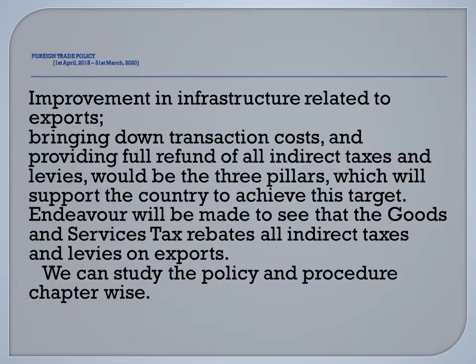Improvement in the infrastructure related to exports, bringing down transaction costs and providing full refund of all indirect taxes and levies would be the three pillars which will support the country to achieve this target. Endeavor will be made to see that goods and services tax rebates are given on indirect taxes and levies on exports. We can study the policy and procedure chapter wise.